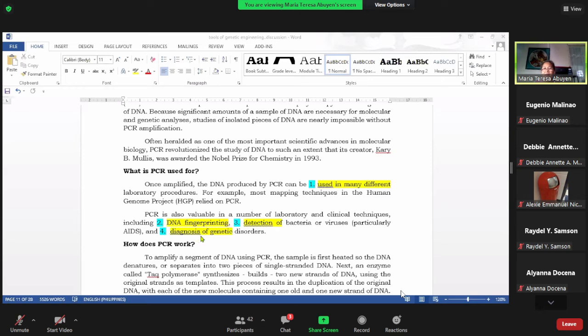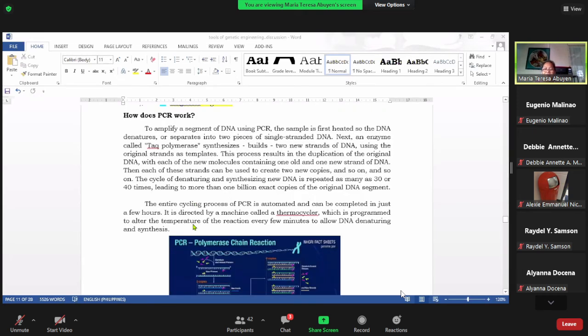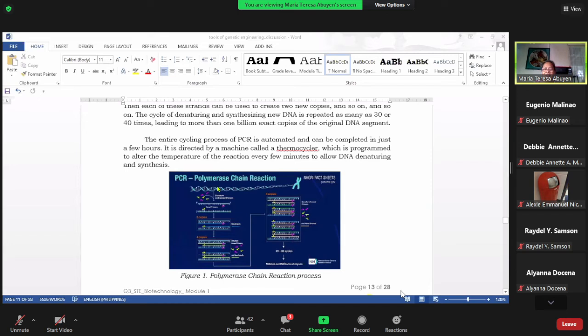So PCR is used in the diagnosis of these certain disorders. For the mechanism of the PCR, you can search on this through YouTube. This is how the molecule is amplified.